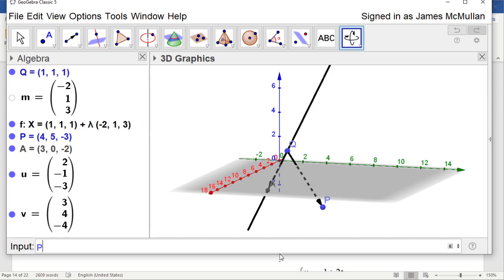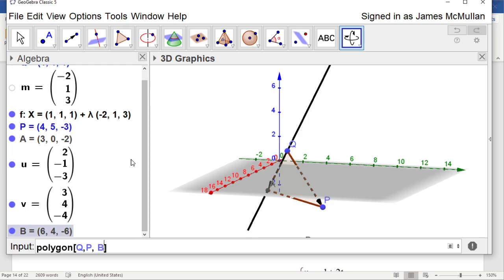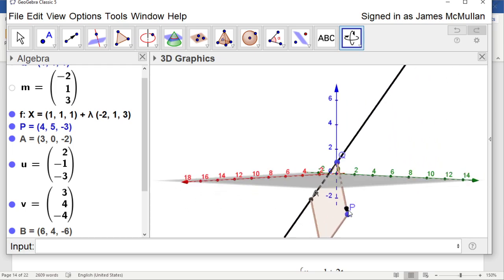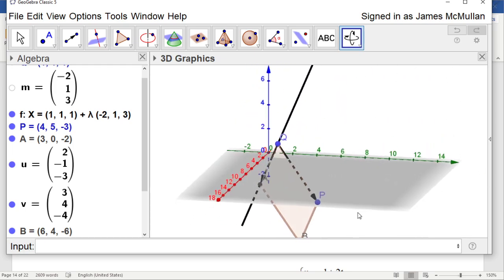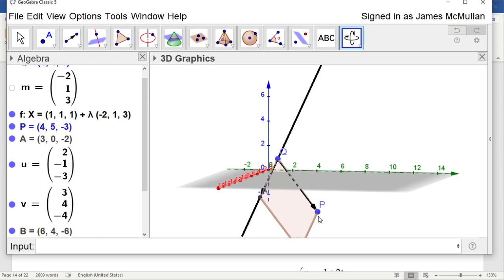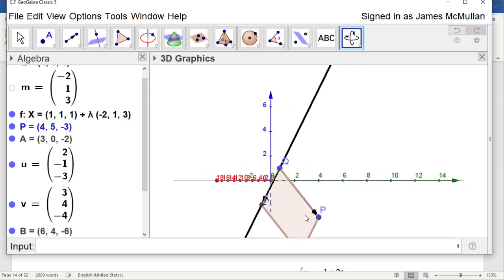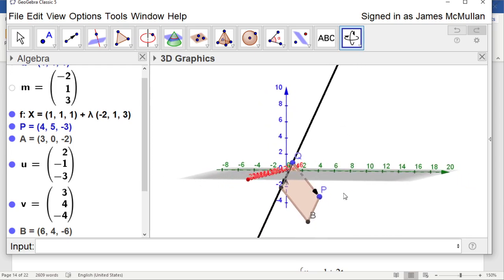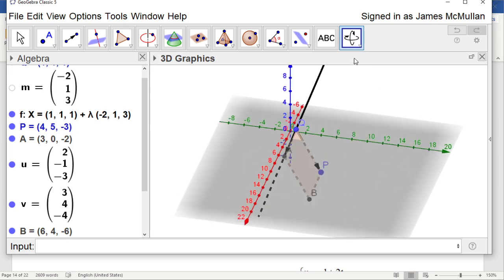So P minus M would be a point down there, and then we go polygon Q, P, B, A. You make a parallelogram, and the height of the parallelogram would be the thing we need, right? I know this is kind of hard to see.